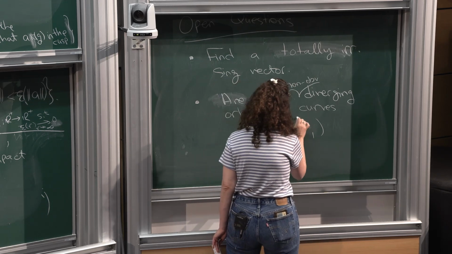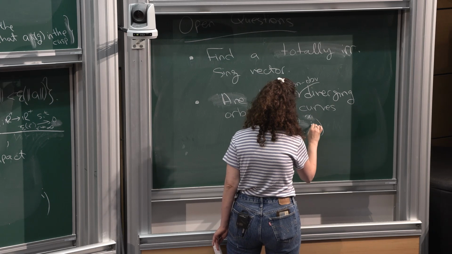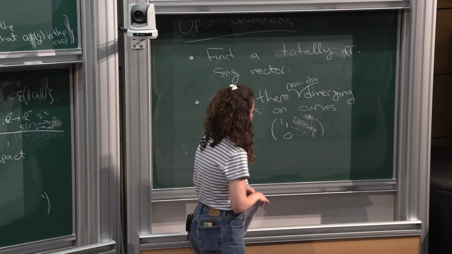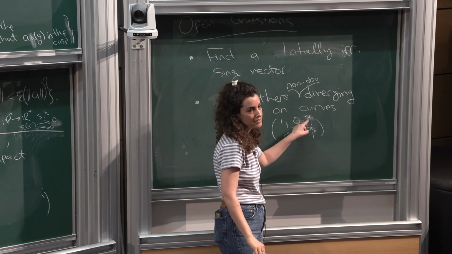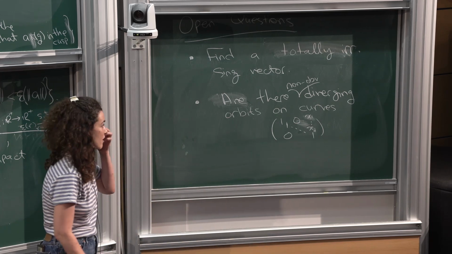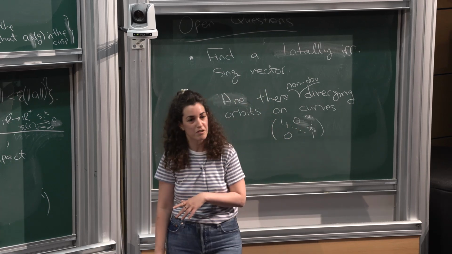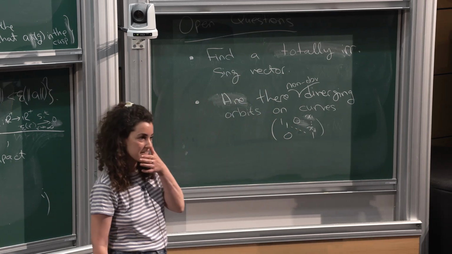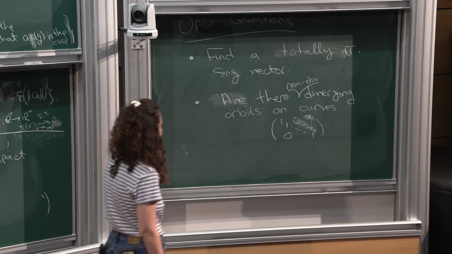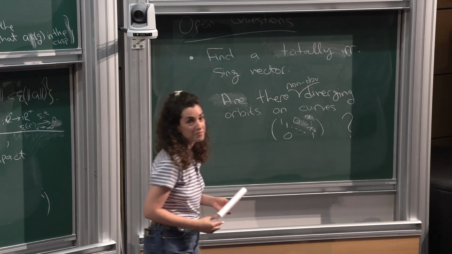So maybe put here 0, put here 0, put here x_1 to x_t. Take a one-parameter curve here. Can you always find a diverging orbit? The only case in which this is known is for x squared. Then we know that there are non-obvious diverging orbits, but in general this is an open question.